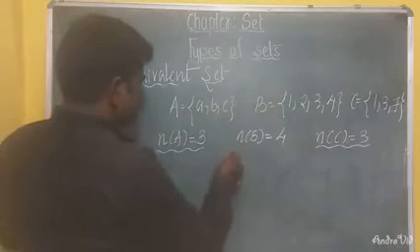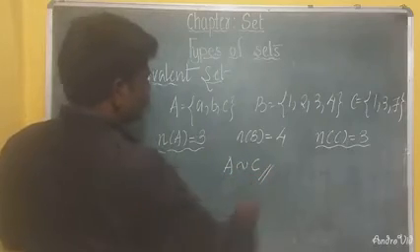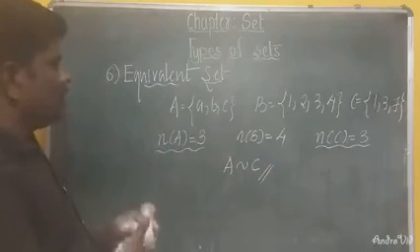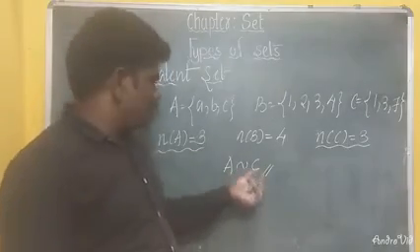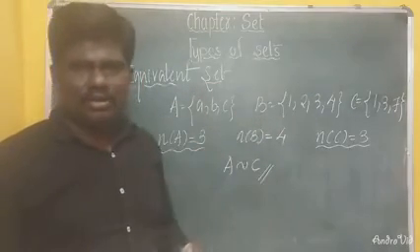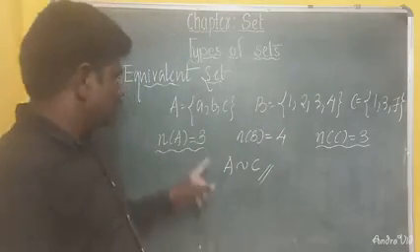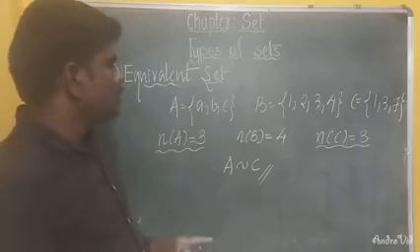Symbolically, we write like this: A is equivalent to C. This is the way of showing that A is equivalent to C, whereas the cardinality of B is different from these two, so B is not at all considered.